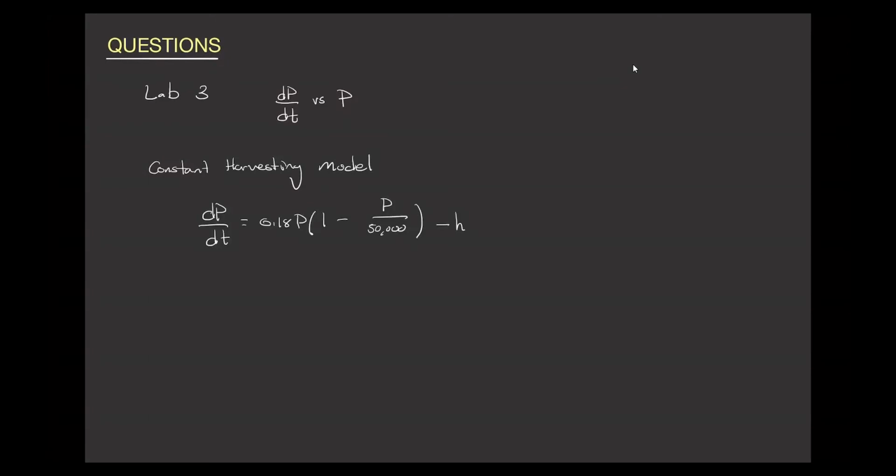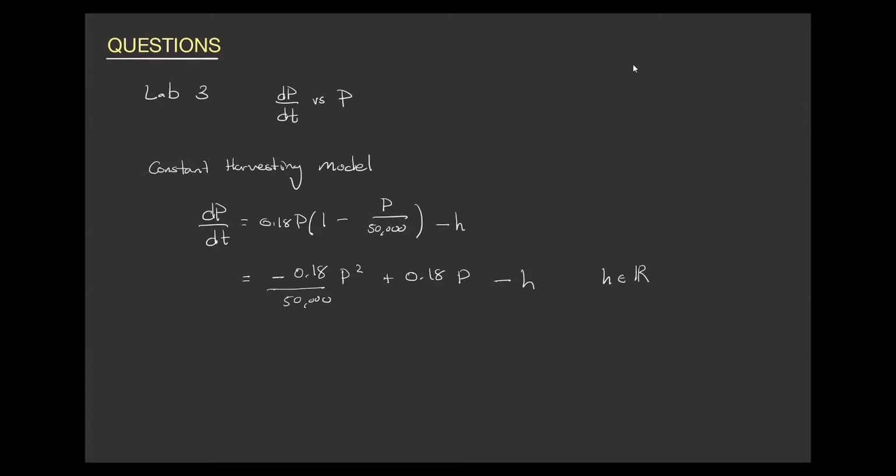Now, supposing that h is some given value, a set value, it's not determined, but it's going to be a constant, then we can rearrange this. What we end up with is negative 0.18 times p squared over 50,000 plus 0.18 p and then minus h. And again, think of h as just being some real number.